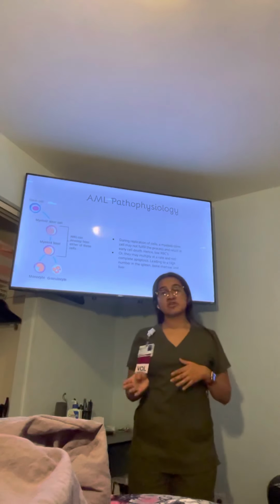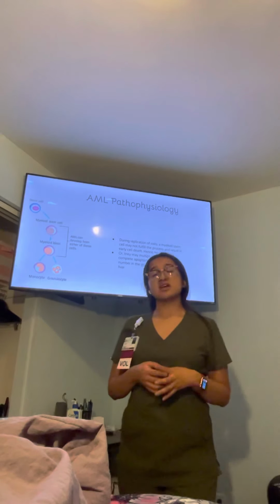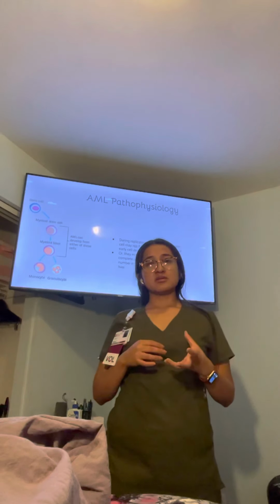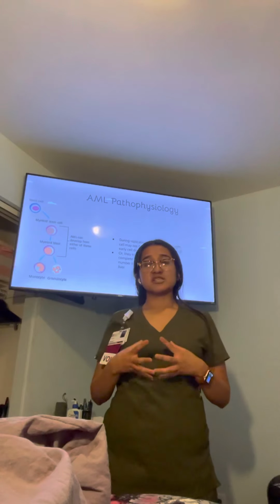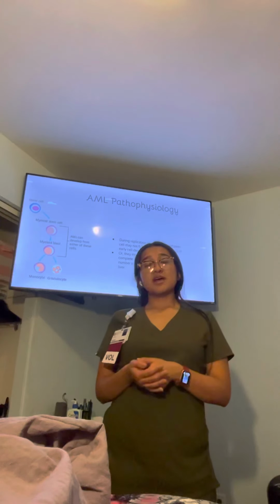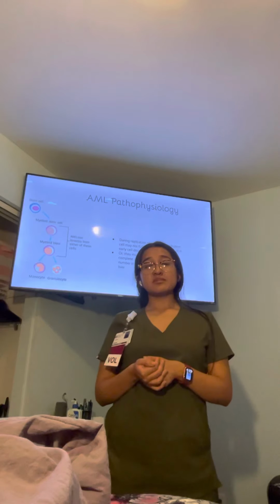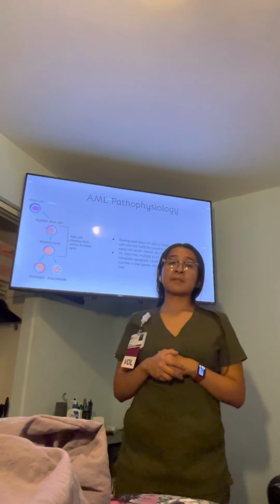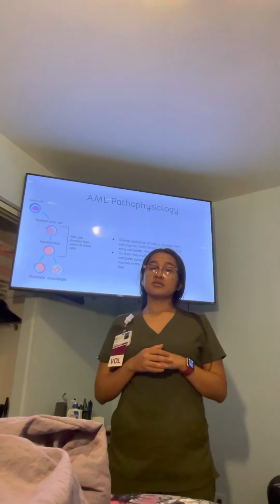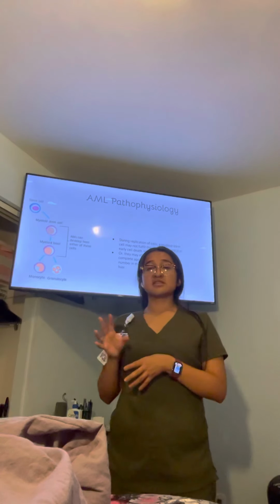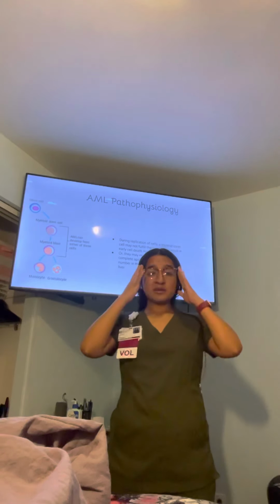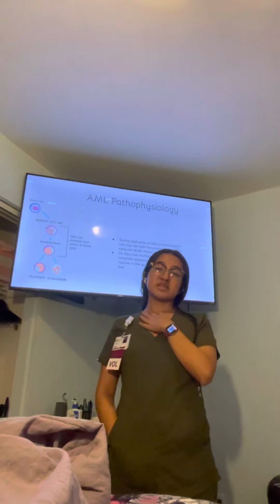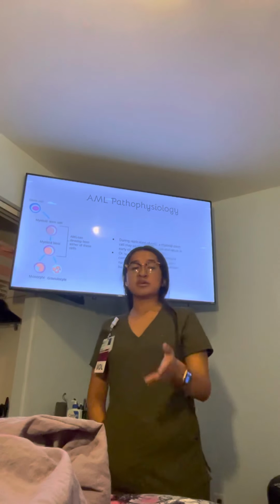Or in the other scenario, the cells are reproducing, however, they are defective and they're not healthy cells. So now you have a surplus of abnormal cells that are multiplying at a very fast rate, and they are targeting the nearby healthy cells, destroying them, invading them. So now you have a surplus of leukocytes in white blood cells, and it leads to a surplus in organs such as the liver and the spleen, also found in bone marrow.